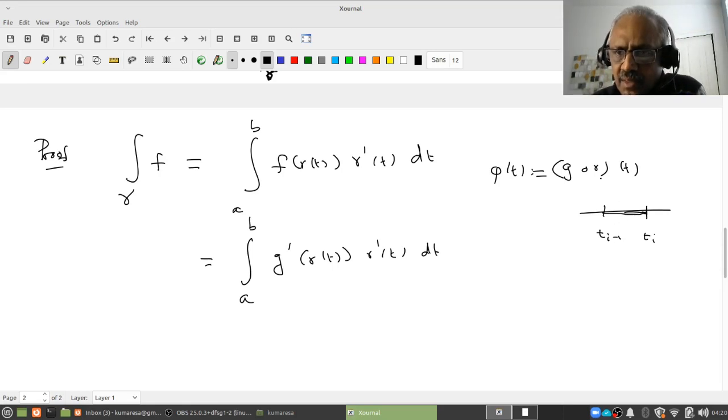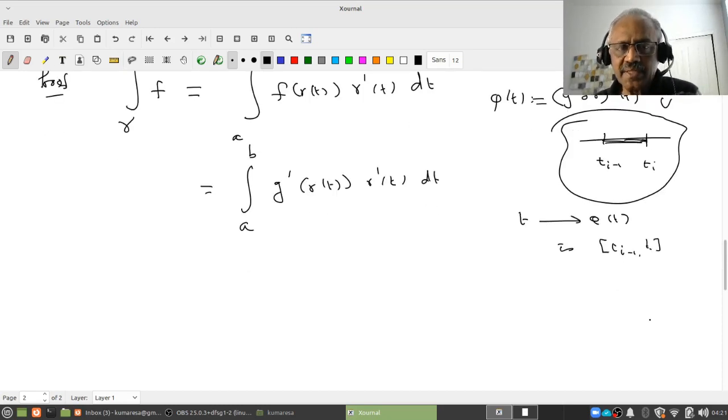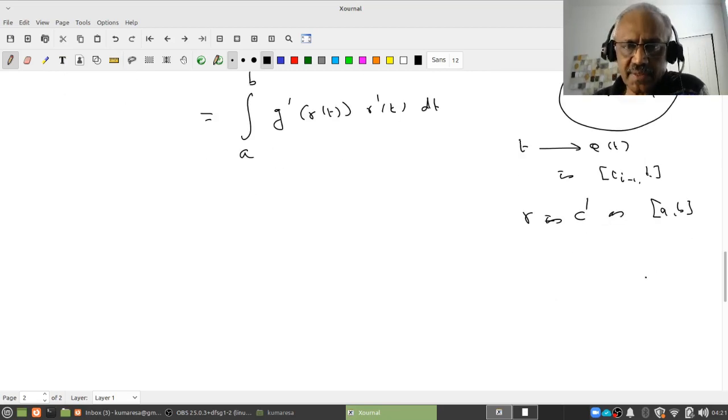On this interval gamma is smooth and g is smooth on the entire U. Therefore t going to phi of t is smooth on t i minus 1 to t i. Therefore I will break the integral into a summation over t i minus 1 to t i, with i running from 1 to n. You follow that? So let's assume gamma is C1 on [a, b] itself, so that life is easier for us.